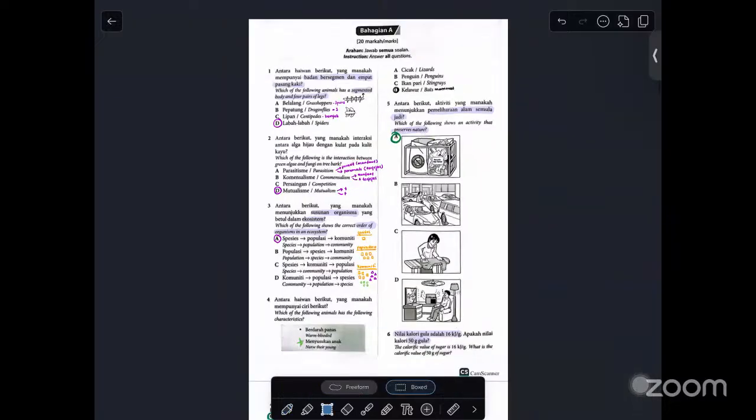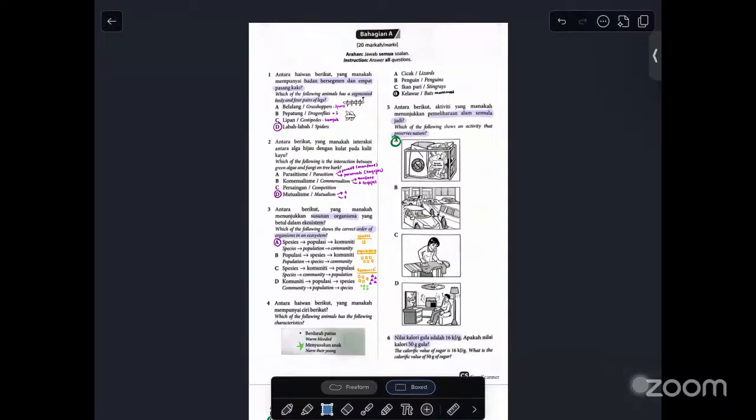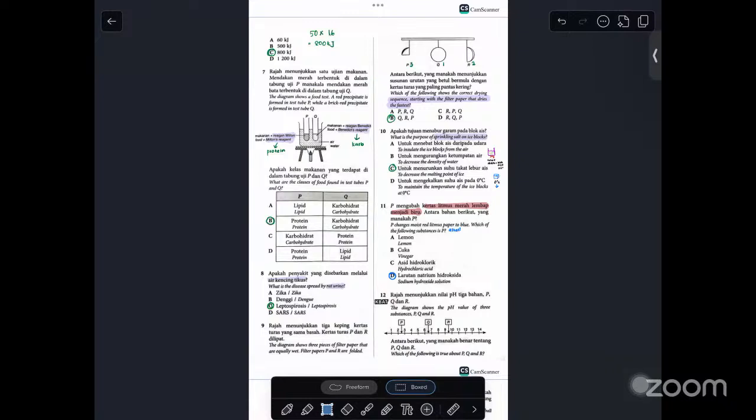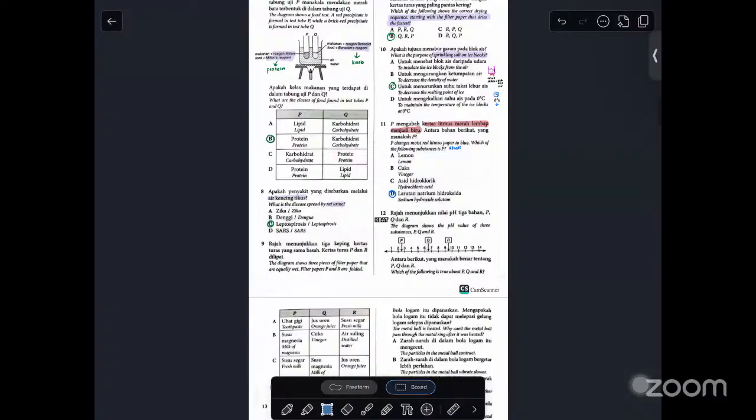Screenshot if you guys want it. Okay, wait. I'm sending. Okay, teacher already sent it. Just download. Teacher already sent it. Okay? So, siapa-siapa yang lag, internet is lagging. Okay, teacher already sent it in the chat. You just download it.